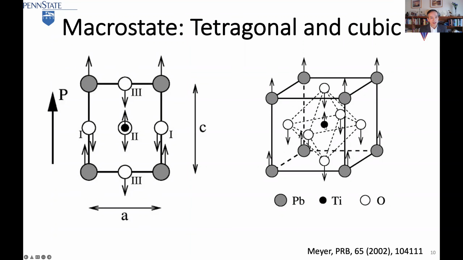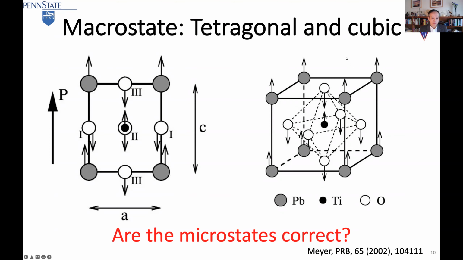However, remember that the X-ray measurement is a macrostate, a macroscopic measurement. But how about the microscopic? Are these two pictures correct, or do they represent the microscopic structure? Actually, they do not.